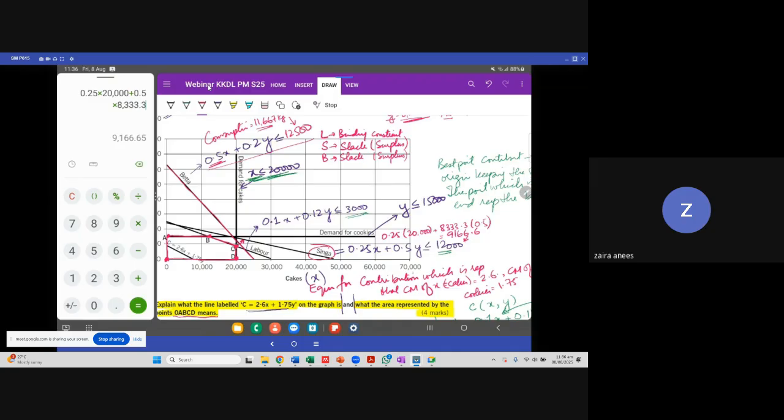Again, the consumption is less than 12,000. That means if we produce the output, we will still have something left.